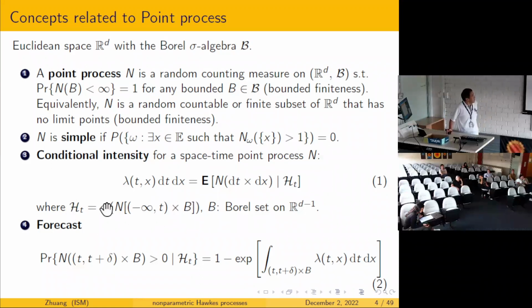This is the definition of the history filtration. This conditional intensity is natural for forecasting because the non-zero probability can be easily calculated by assuming there are no events in the future interval, multiplied by the other component, which we usually call the location.